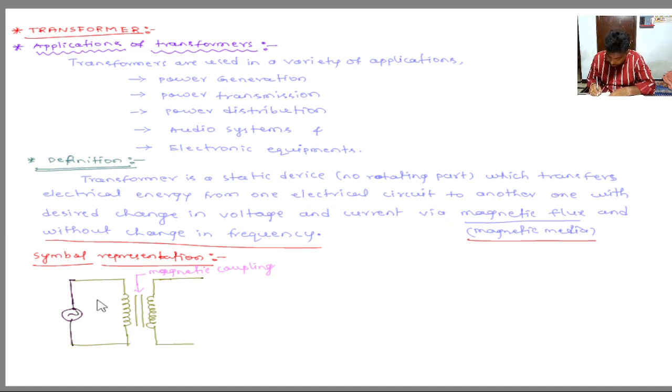Another winding is connected to the load. This load is variable. This is the AC supply and this is the load.